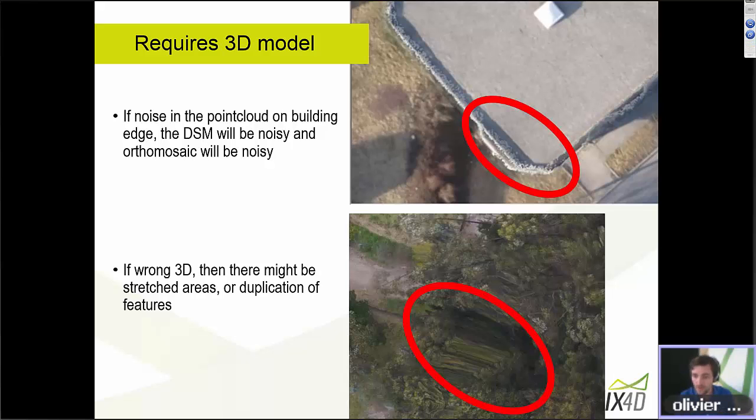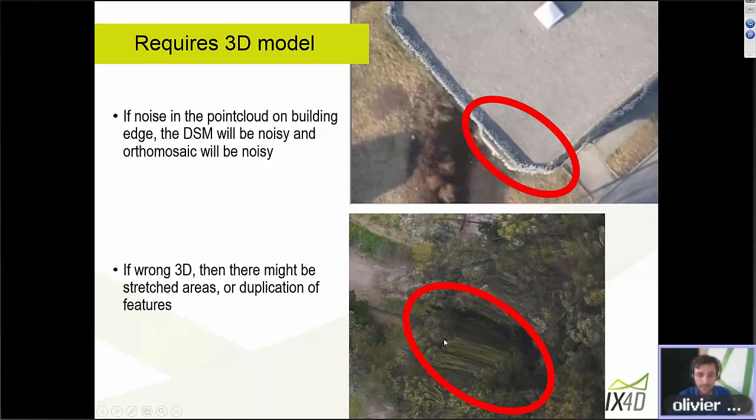Due to this reason, 3D point clouds could not be computed in this specific area, which means that the 3D was not there. And by doing the wrong projection on a 3D model, which was wrong because the 3D could not be computed, so it was estimated with a plane on the ground, then there are some artifacts happening.